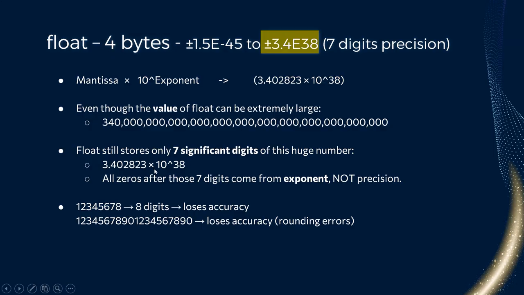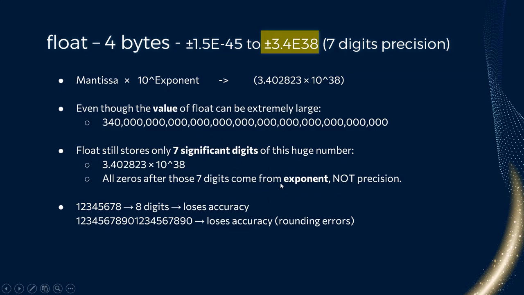And 10 to the power 38 means all the trailing zeros, that is the meaning of 10 to the power 38. All the zeros after those 7 digits come from the exponent, not precision. So there are two things, precision and exponent, that is the mantissa and exponent. The 7 digits come from precision, but the zeros come from the exponent.